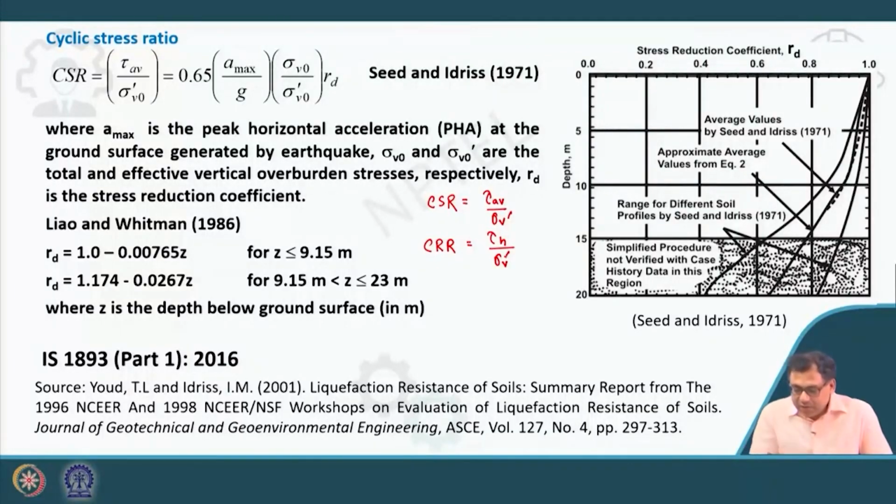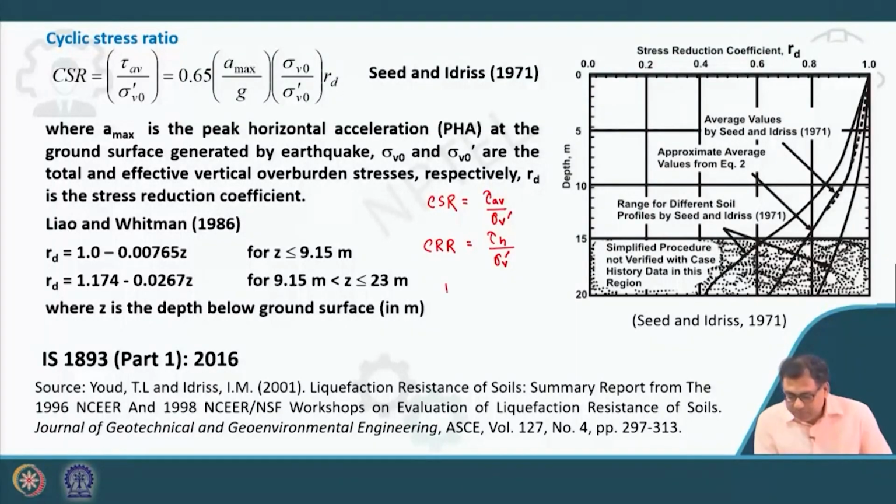Okay, so remember that, don't be confused. Initially that CSR we wrote as tau H divided by sigma V bar for simple shear. Now I am writing CRR. In this method, CSR is the stress developed during an earthquake, and CRR is the stress required to cause liquefaction.